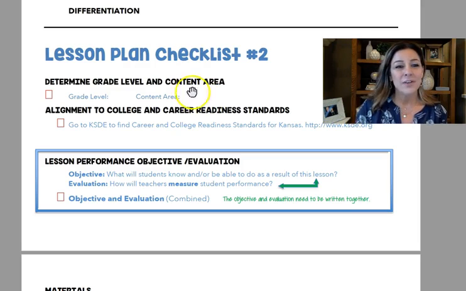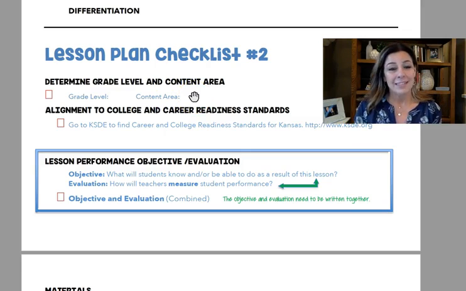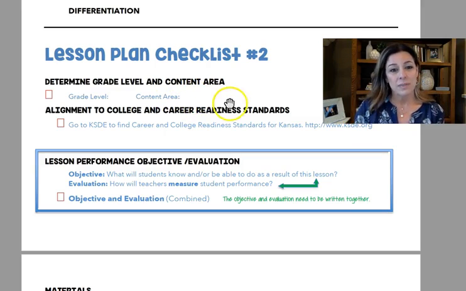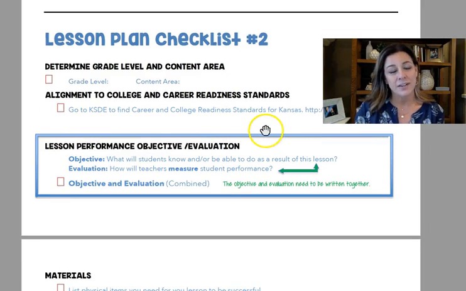So once you have your grade level, so kindergarten, first, second, third, fourth, whatever it is, then the content area would be the math, the ELA, it could be your science, social studies, whatever it is, you would put that here. And then you would align to the standards, and you'd need to list that standard here.